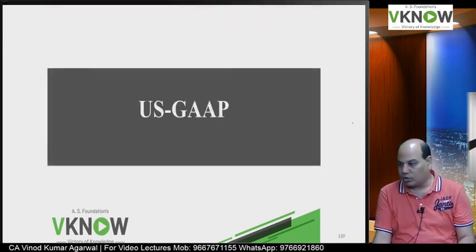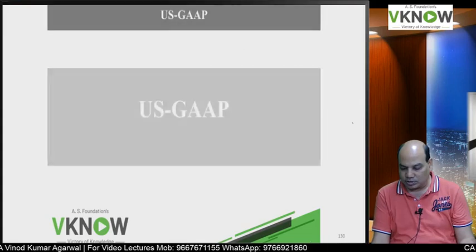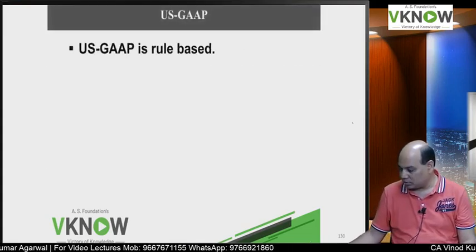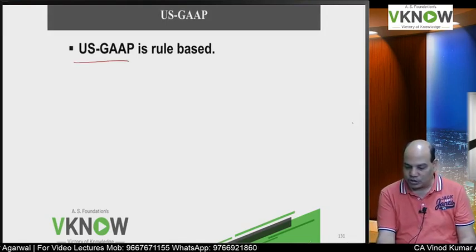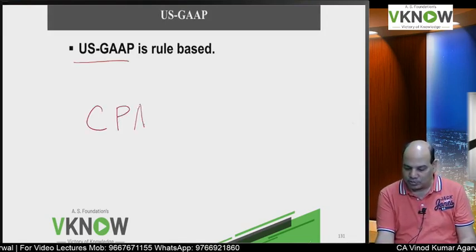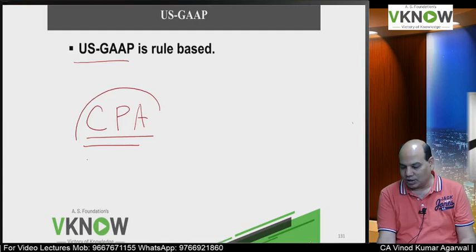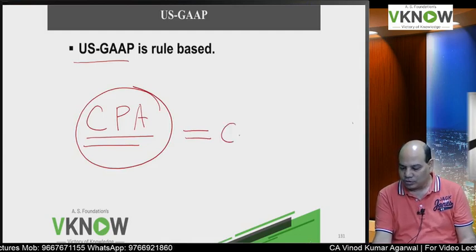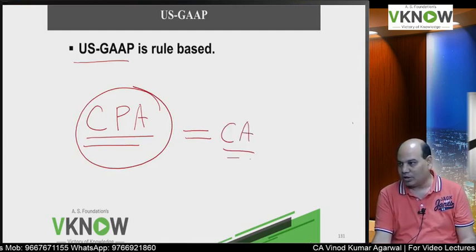US GAAP is not in our syllabus, so please enjoy. US GAAP is more rule based. If you pass US GAAP, you will get the CPA qualification, which I have got, certified public accountant, which is equivalent to chartered accountant in India.